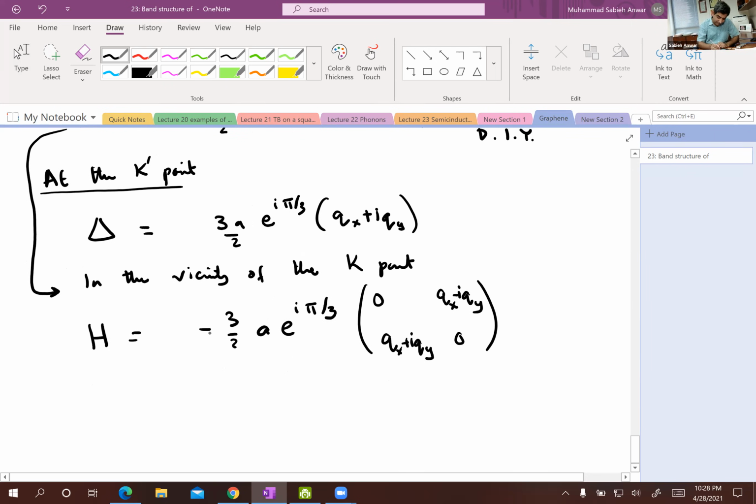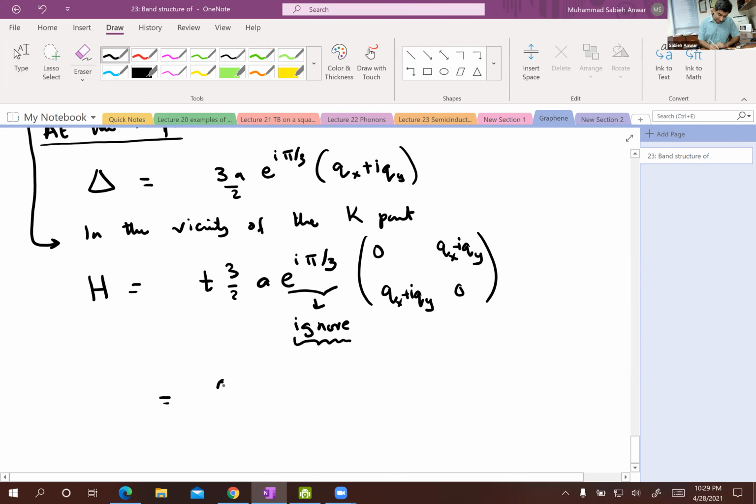And of course, there's a minus t as well, which gets multiplied to give me t. Now, this is a global phase factor. I can ignore this. Global phase factors in Hamiltonians don't really matter. So I'm really left with 3 over 2.